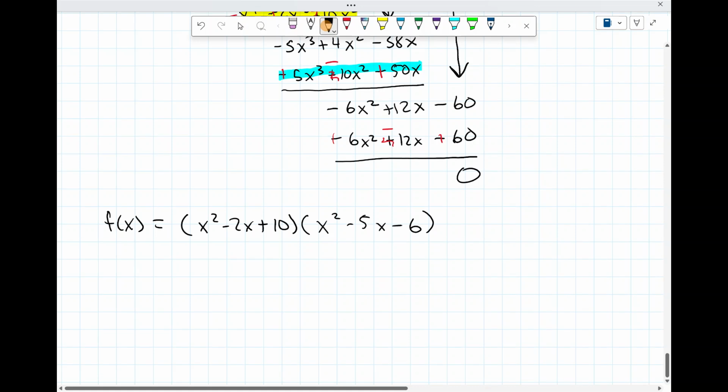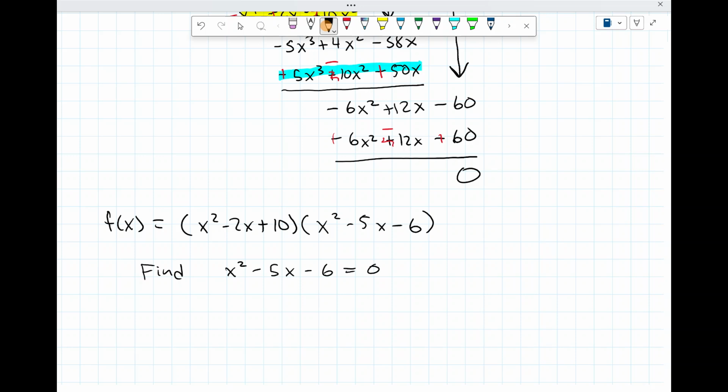Now luckily the second polynomial is quadratic, so I can just use my understanding of solving quadratics to figure out when x squared minus 5x minus 6 equals 0.